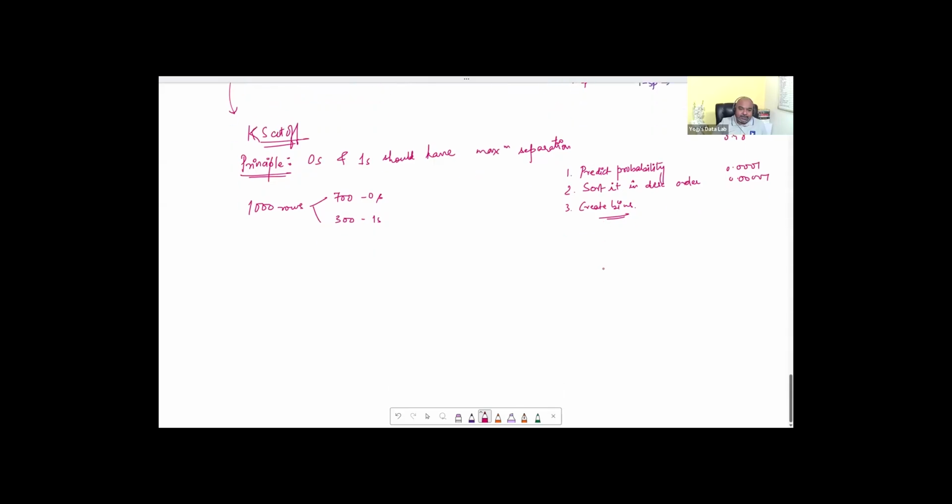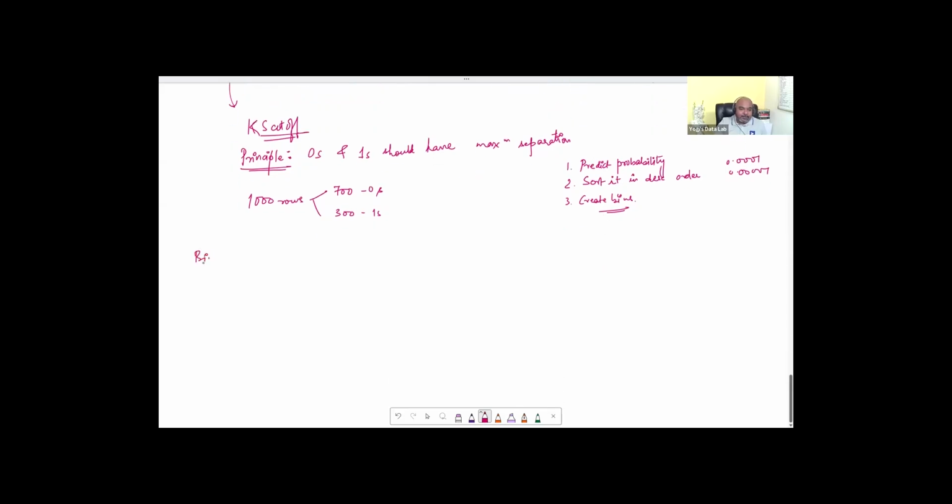So let us see how this works. I have created my bins: 1, 2, 3, 4, 5, and likewise I'm going till 10. Then I'll count the number of zeros and the number of ones in each bin. Since I have sorted the probability, the chances are that I'll have maximum ones in the top bins and maximum zeros in the lower bins.